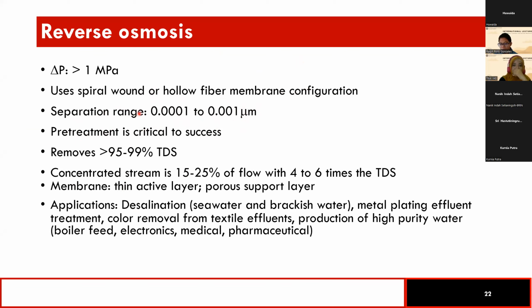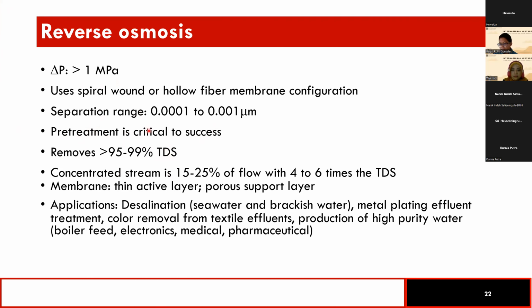A while ago, it was mentioned that the other membrane processes like MF and UF can be considered as pretreatment processes for RO. This is because without pretreatment, fouling will just occur. And this process is able to remove 95-99% of the total dissolved solids in the feed solution.